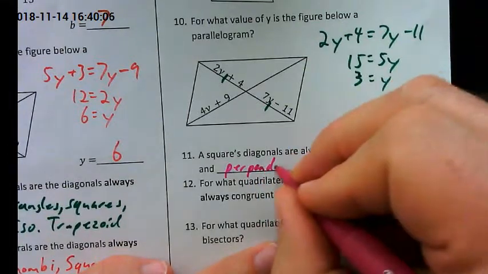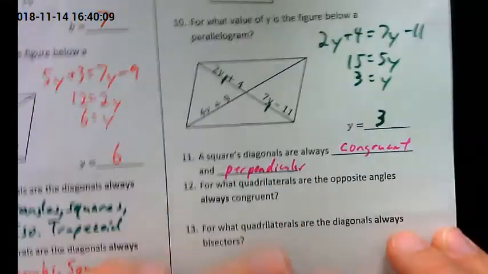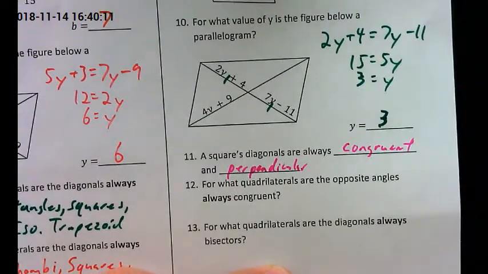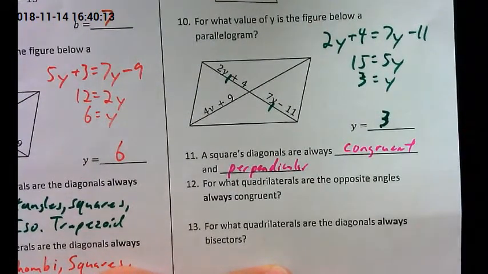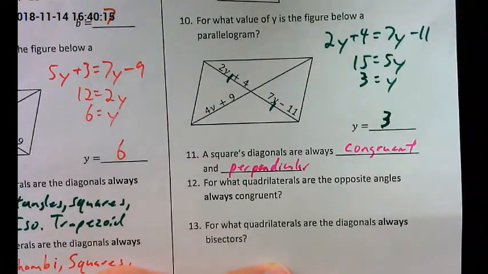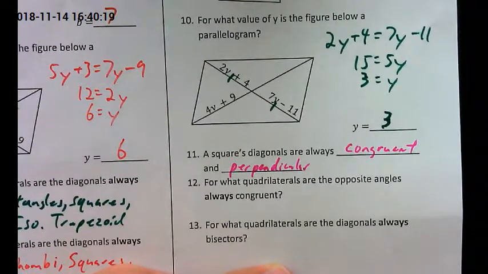Oops, that's an E. But other things that you could say, that they're also bisectors, or more specifically, perpendicular bisectors. You could list a few other things there as well, but those are probably the main two, congruent and perpendicular.